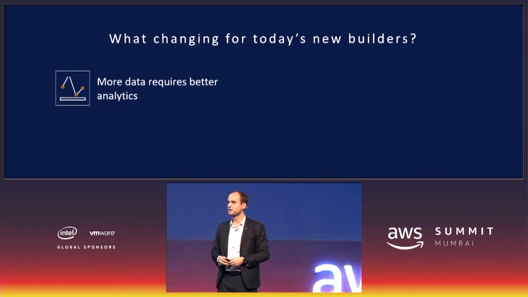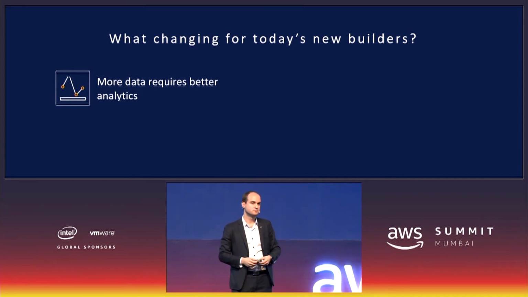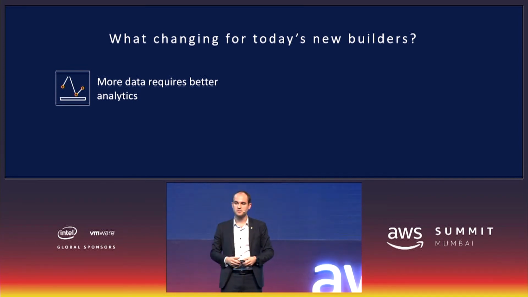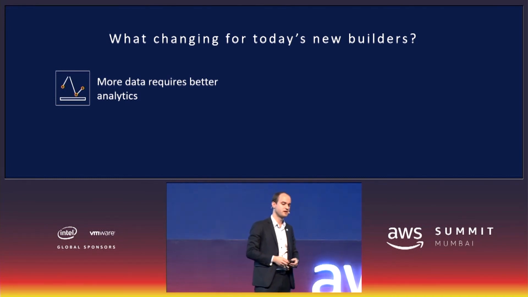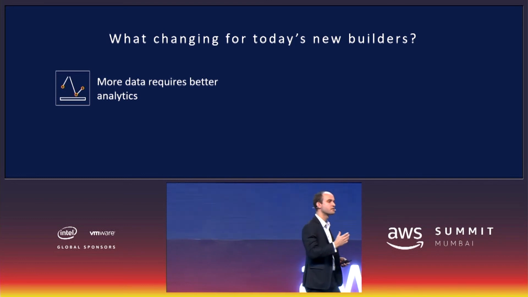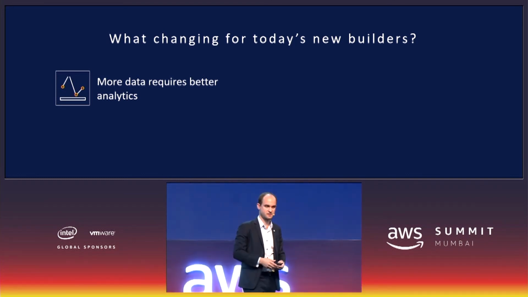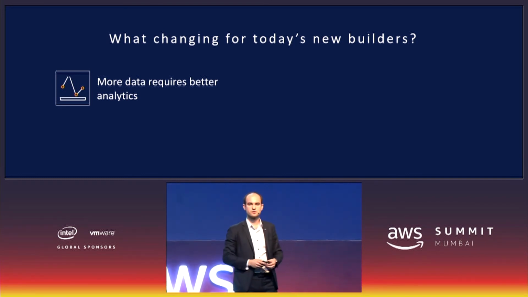First one is more data can be great. It can enable new business models, as we heard. It's sometimes fundamental to the business that we're building. But more data requires different techniques, different services that you use to actually derive insights.